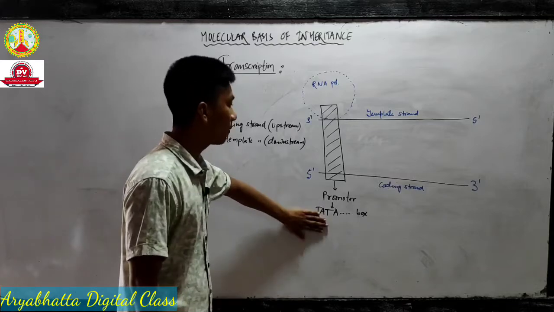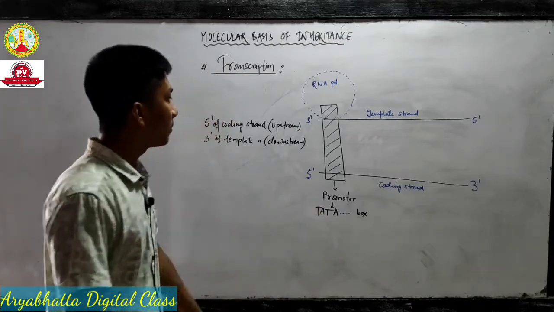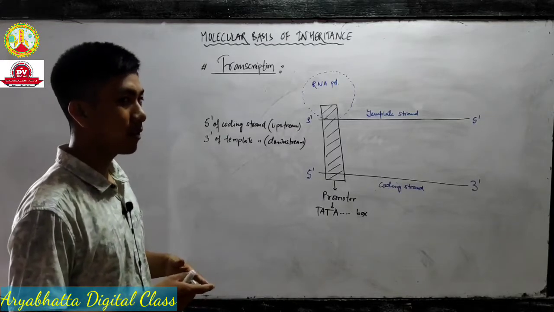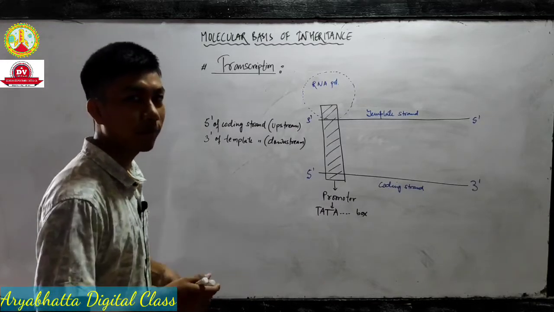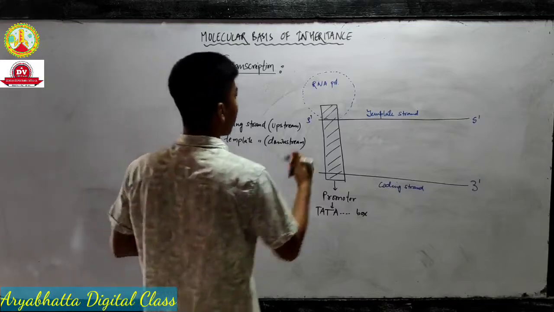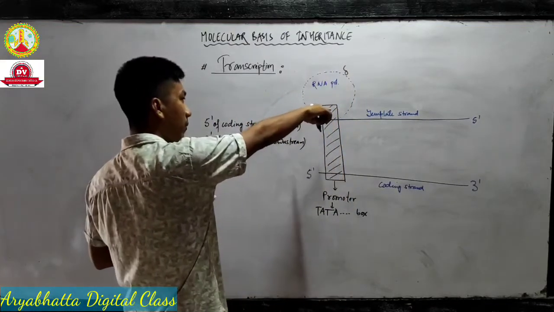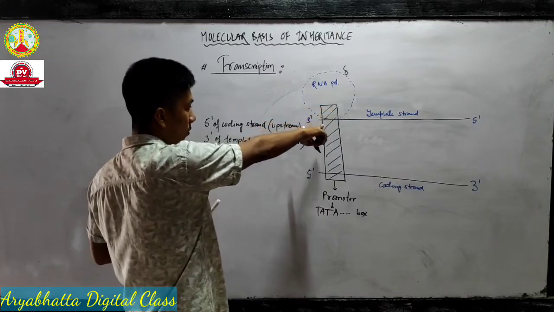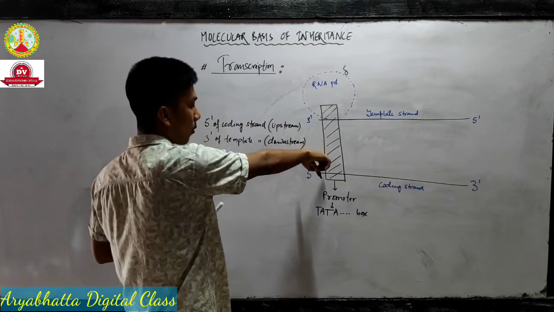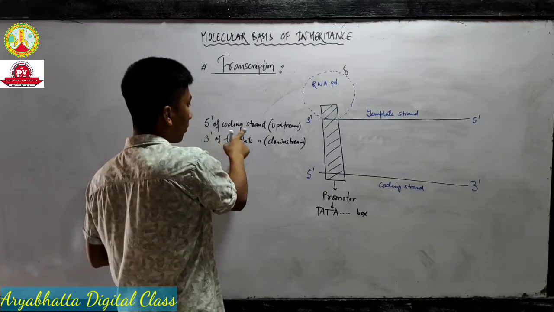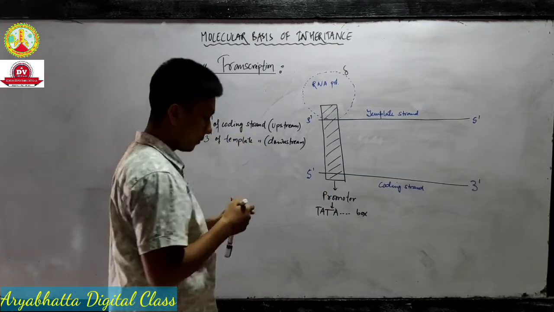Important. The sigma subunit is attached to the RNA polymerase and helps bring the RNA polymerase enzyme. The RNA polymerase enzyme will come and bind at the promoter sequences which are rich in TATA box, at the 5 prime of the coding strand upstream, 3 prime downstream.